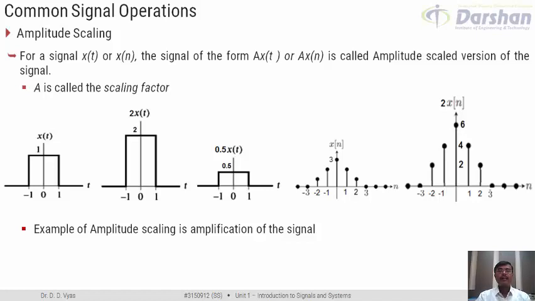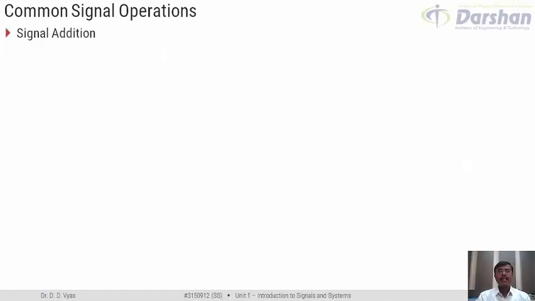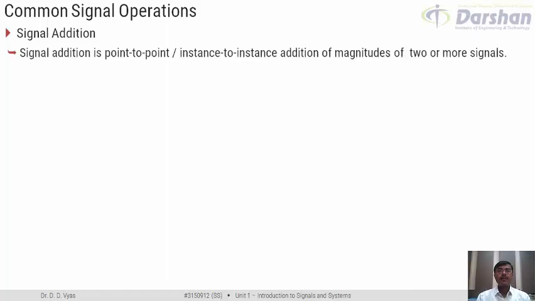Fine. Having studied amplitude scaling, let us move on to the next signal operation, which is signal addition. Signal addition is basically point-to-point or instance-to-instance addition of magnitudes of two or more signals.